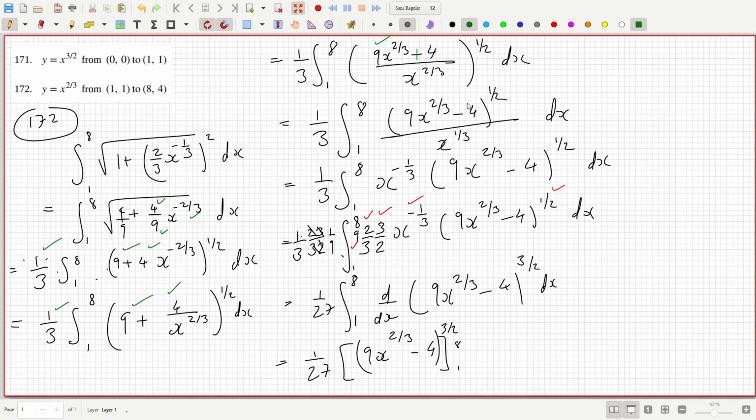Ah, maybe that's the problem. All right, see if that fixes it. 9 times 8 to the power 2 over 3 plus 4. Aha, 40. So that will equal 1 over 27 and then 40.